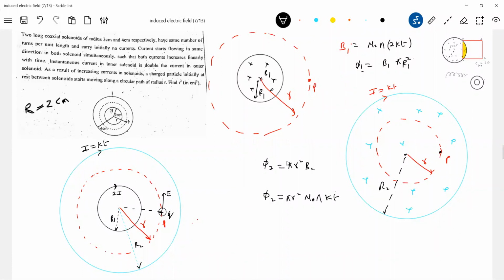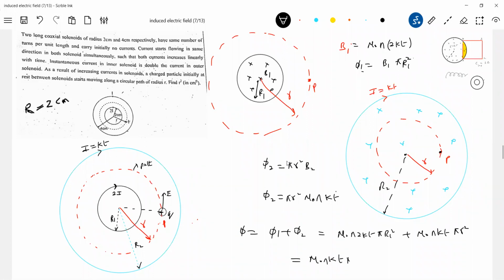Now, when both are present, what are you going to do? The total flux linking now in a circular region, in a path of radius r, should be equal to phi 1 plus phi 2. So add up these two. So this will be mu naught n 2 kt pi R1 square plus mu naught n kt pi r square.